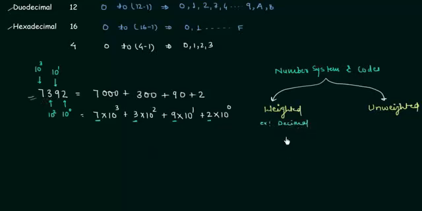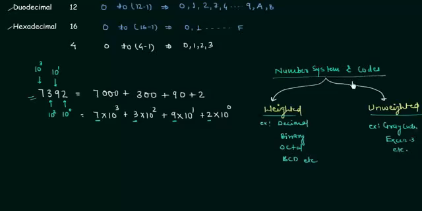The second one is binary, of course, octal, binary coded decimal, etc. These are the examples of weighted number system. Examples of unweighted system are gray code, XS3 code, etc. So this is how we can classify the number system and codes depending upon the weights on position.